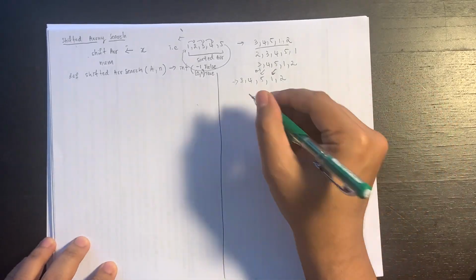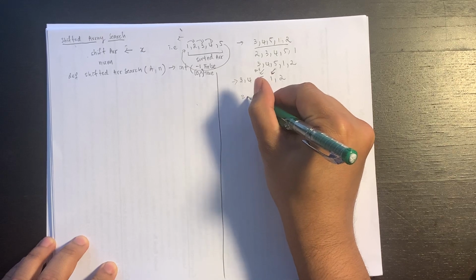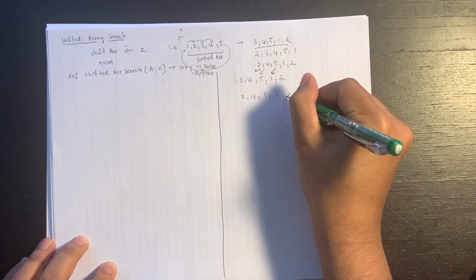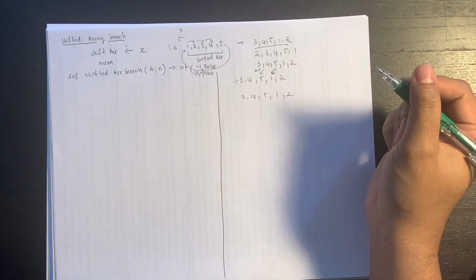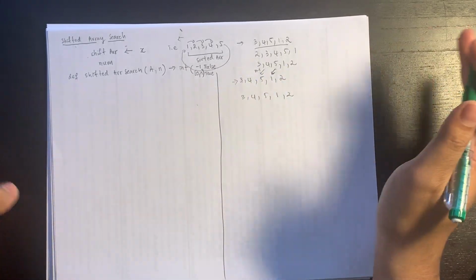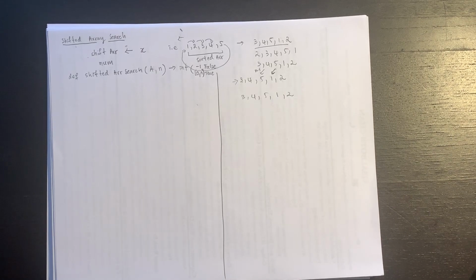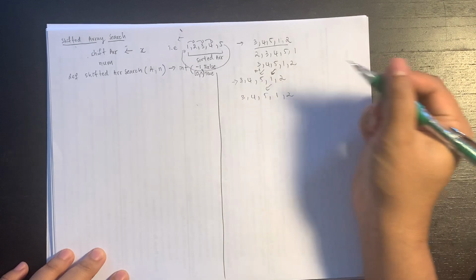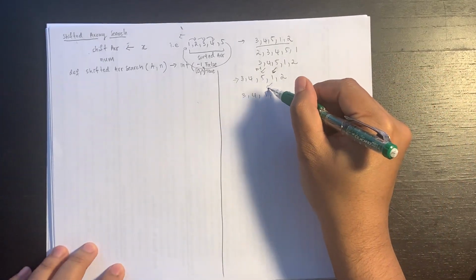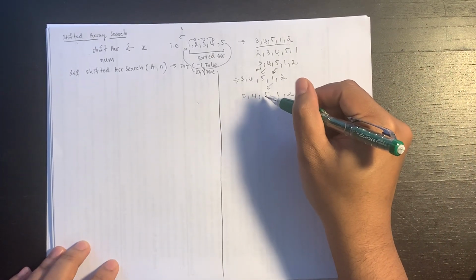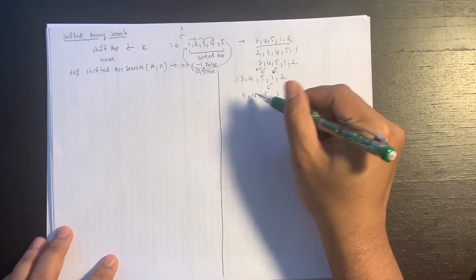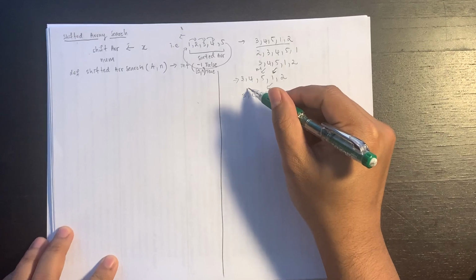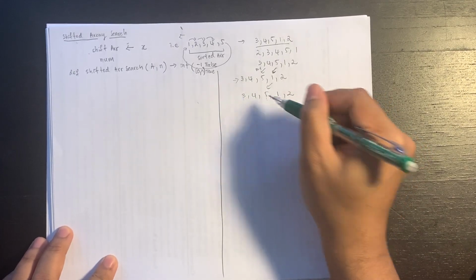So in this case, we have 3, 4, 5, 1, 2. So we know that some part of the array is sorted. If we do a binary search right here, we look at 5, and we expect that everything behind 5 has to be smaller than 5.